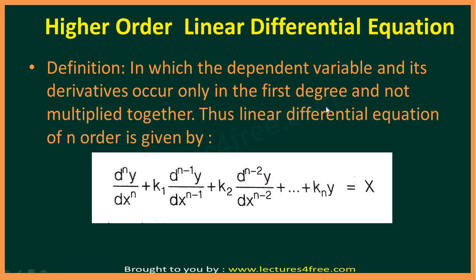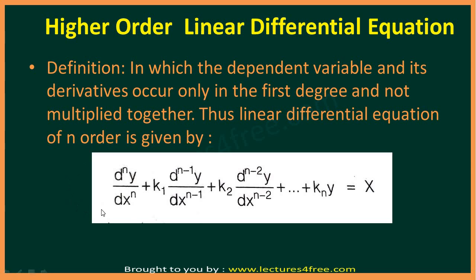The dependent variable and its derivatives should occur in first degree, meaning whether it's y or dy by dx or d square y upon dx square, their power should be 1 in every term, and they are not multiplied together. If they were multiplied, their power would definitely be more.